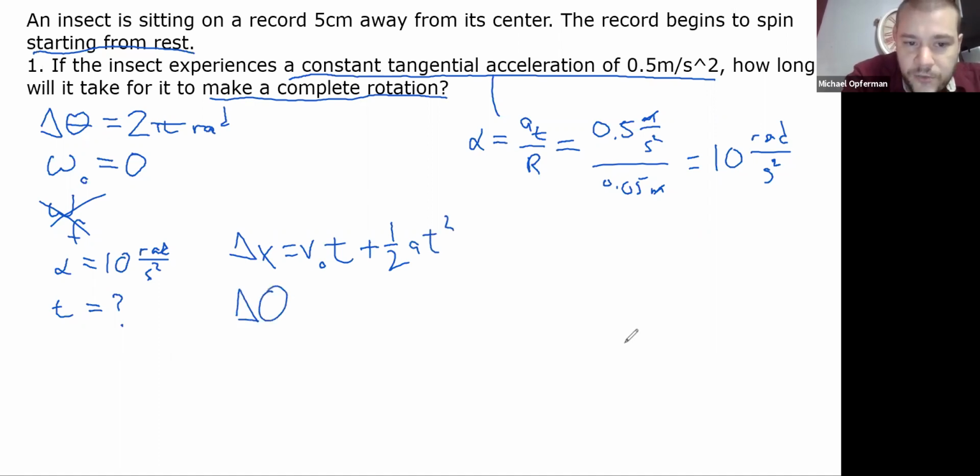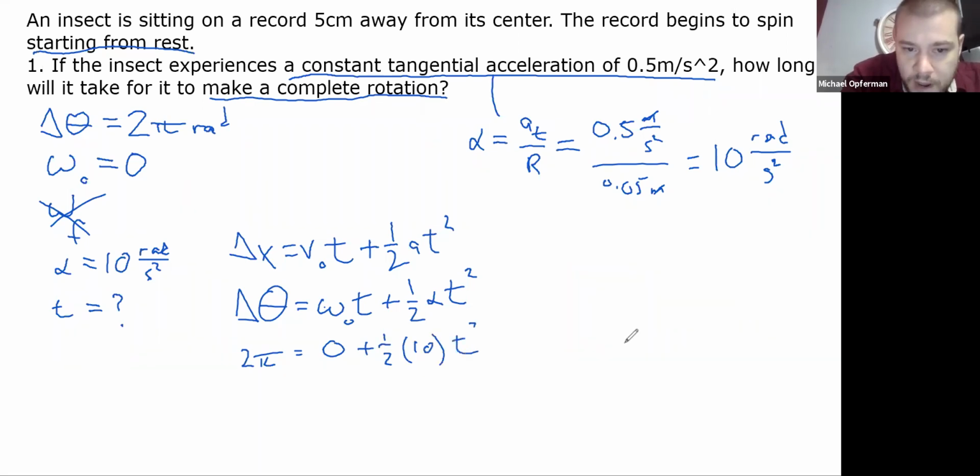So the kinematic equation I pick is delta x equals v_0 t plus 1/2 a t squared. Now I change it to rotational variables: change the x to a theta, change the v to an omega, change the a to an alpha. And now I plug in: delta theta is 2 pi, this is 0, I have 1/2 times 10 times t squared.